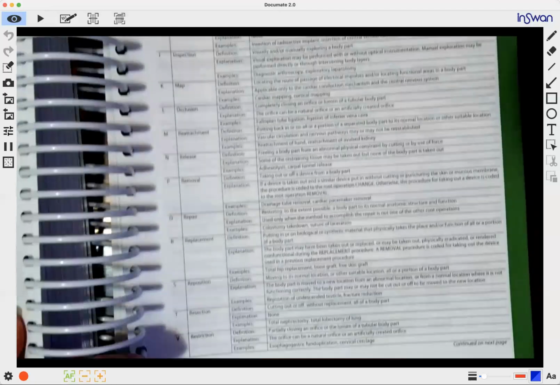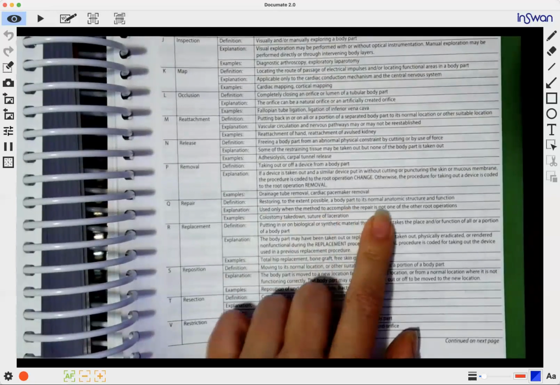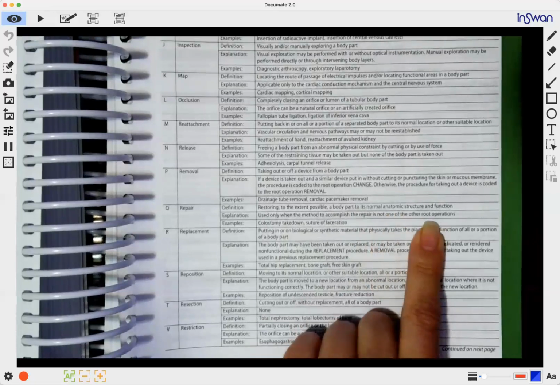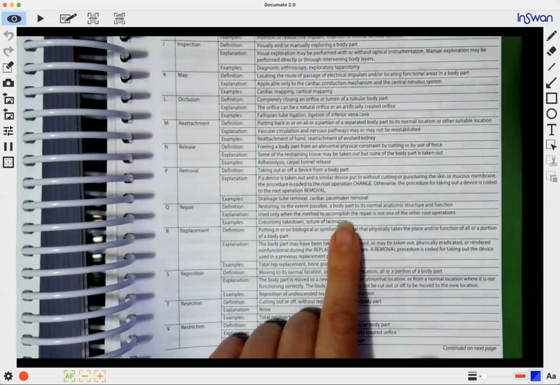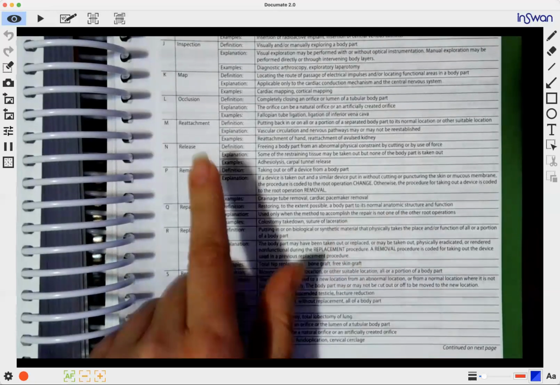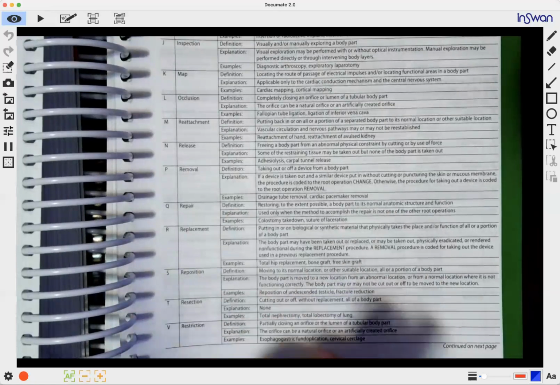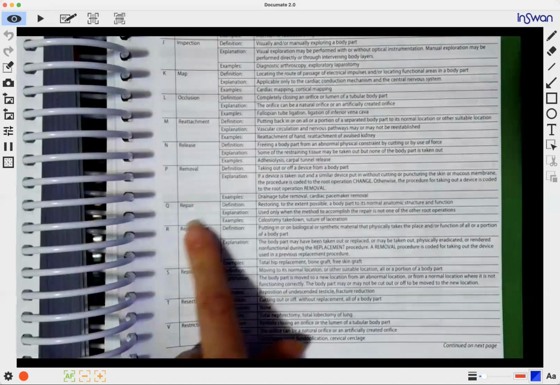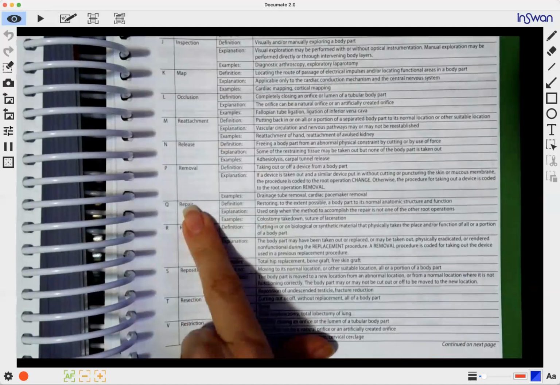Repair is restoring to the extent possible a body part to its normal anatomic structure and function. This is used only when the method to accomplish the repair is not any other root operation. So they didn't do it by a release, they didn't do it by some other root operation. If none of the other root operations apply to the repair, then that's when you're going to use repair. Sutures is a good example.